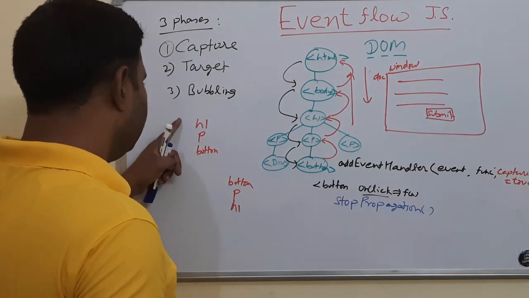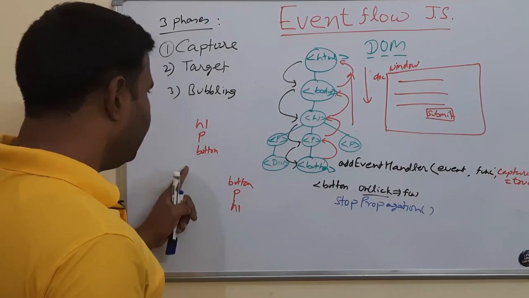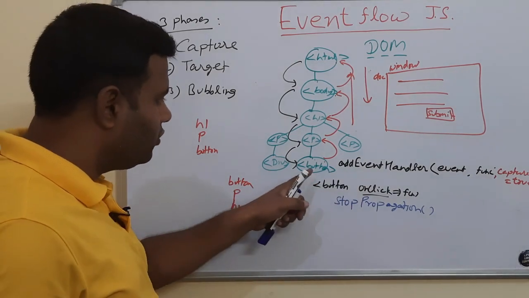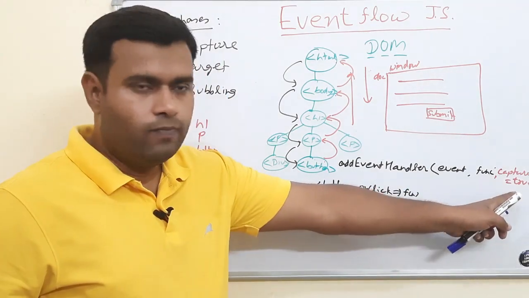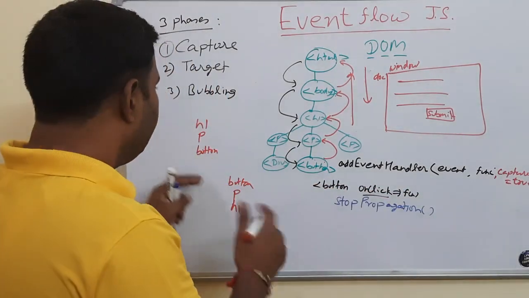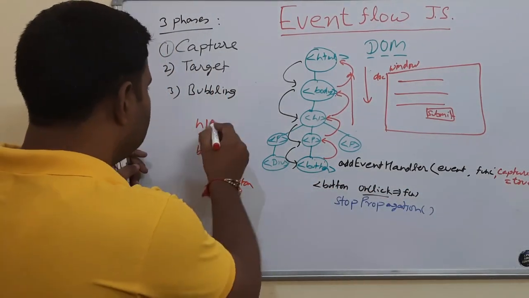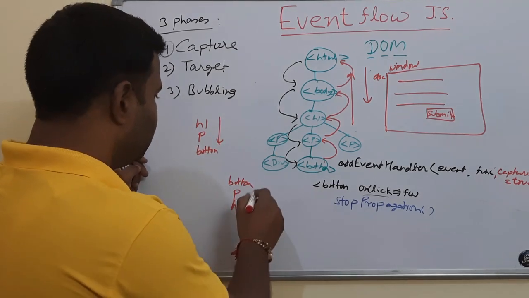Let's say the requirement is the opposite. In that case, when you are registering an event handler to an element, you can pass capture equal to true. Then the alerts will happen in this order, not this one.